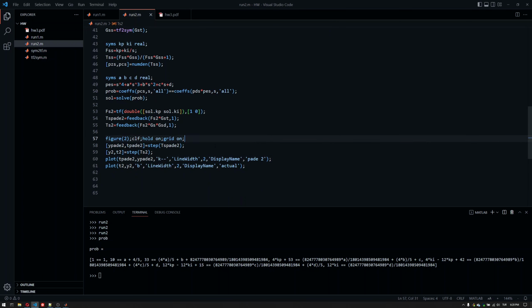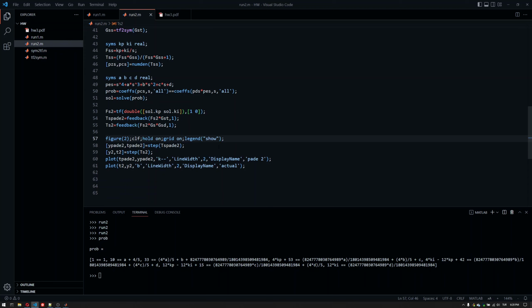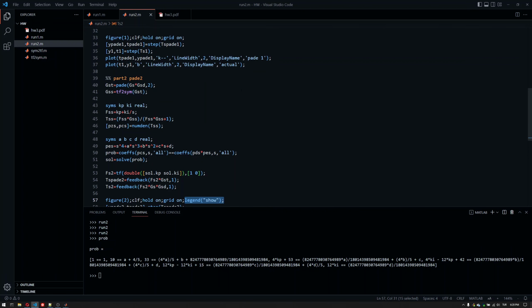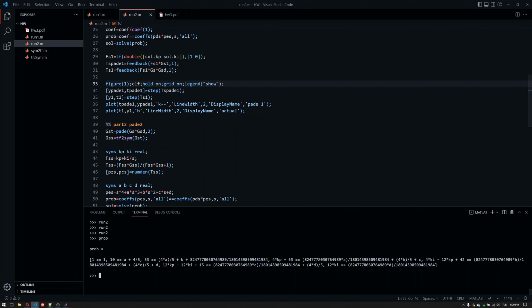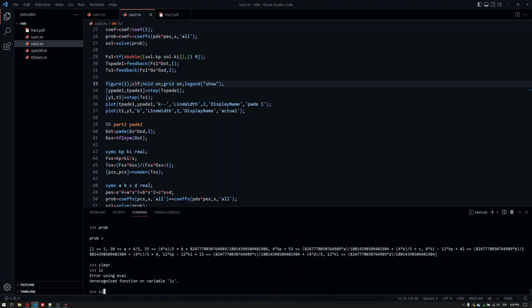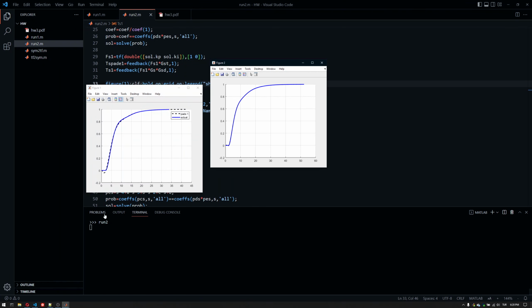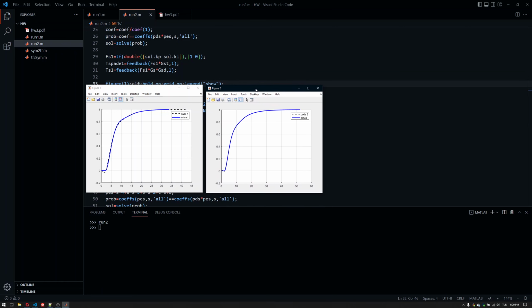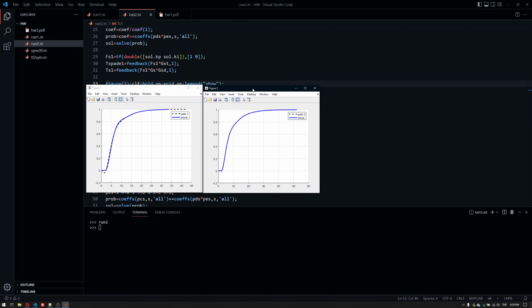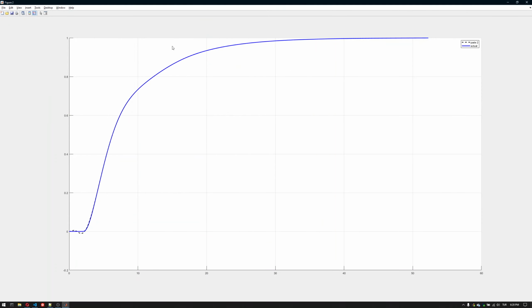Maybe adding this legend here, even though it's kind of obvious. So interestingly, we can see that we have the system here and the behavior of the system.